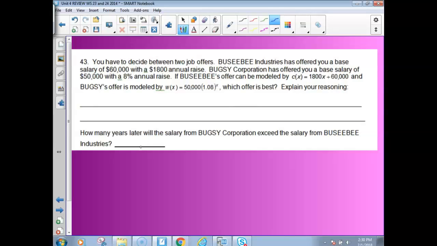Let me just tell you that it's going to be after 4 years that Bugsy Company or Corporation exceeds the salary of Busy Bee. Okay, now that's when you put the graphs in, right? Put both of these equations in, see where they intersect, right? It's after 4 years. So your description again, it would be a better offer at Bugsy's if you want to work there over 4 years because the salary is going to be higher every year after the 4th year.